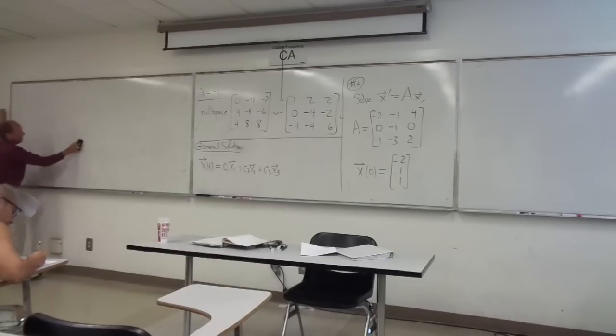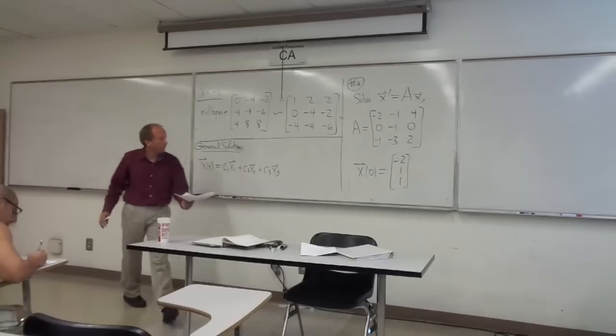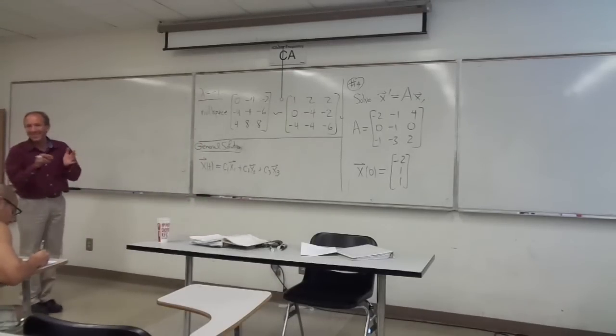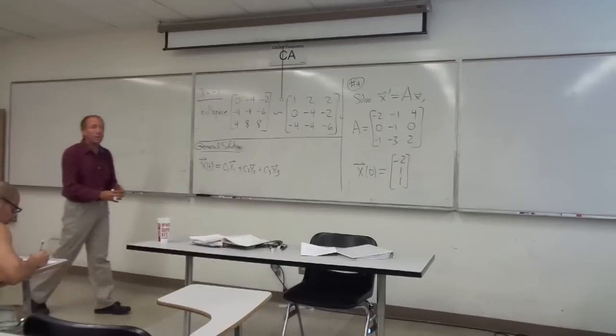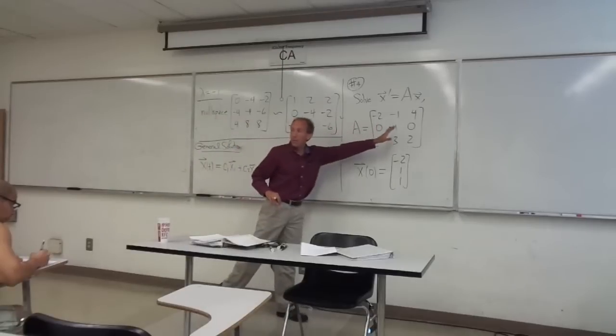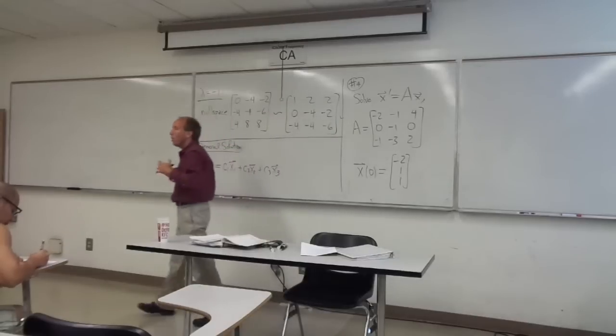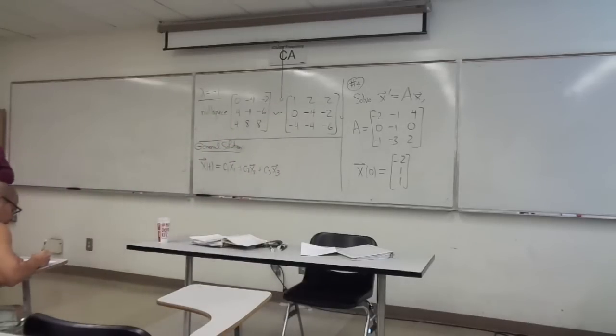Okay. So let's see. What would you like me to do first? Cofactor expansion of this matrix? Right, you have to subtract the lambdas off of the main diagonal, and then what row or column are you going to expand this one on? Row 2, very good, perfect.